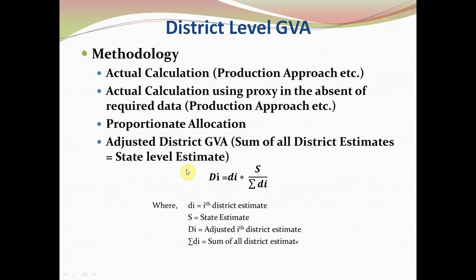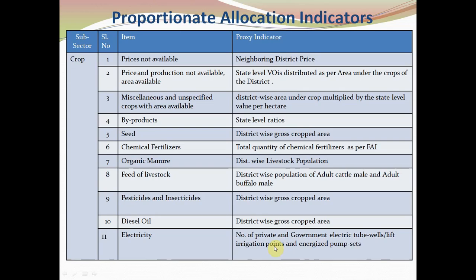So formula is capital DI is equal to small di into S divided by sum of small di, where small di is the district estimate, S is total state estimate, and capital DI is adjusted district estimate. It is summation, that is sum of all DI is sum of all district estimates.